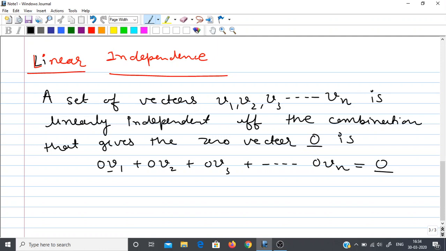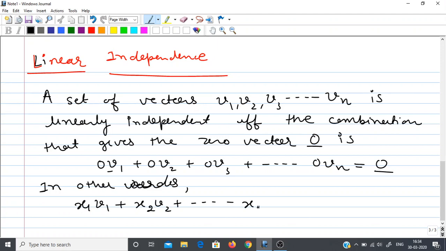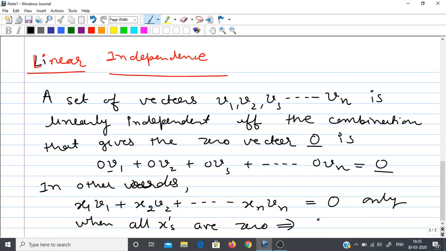Or in other words, the linear combination x1 v1 plus x2 v2 and so on up to xn vn is equal to the zero vector only when all x are 0, this implies the set of vectors is linearly independent.